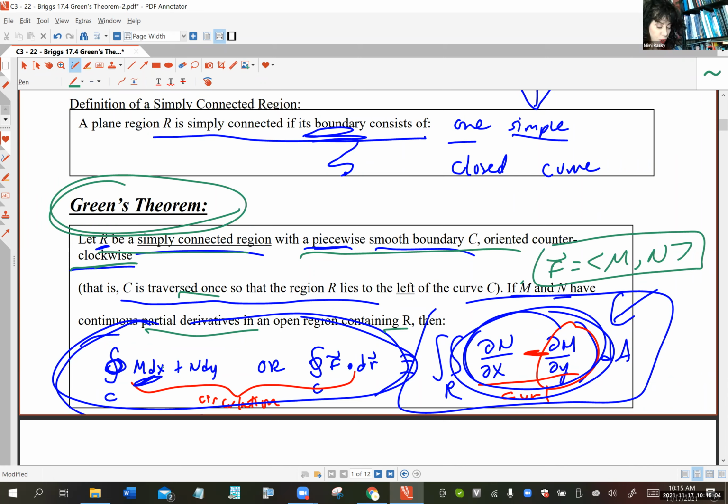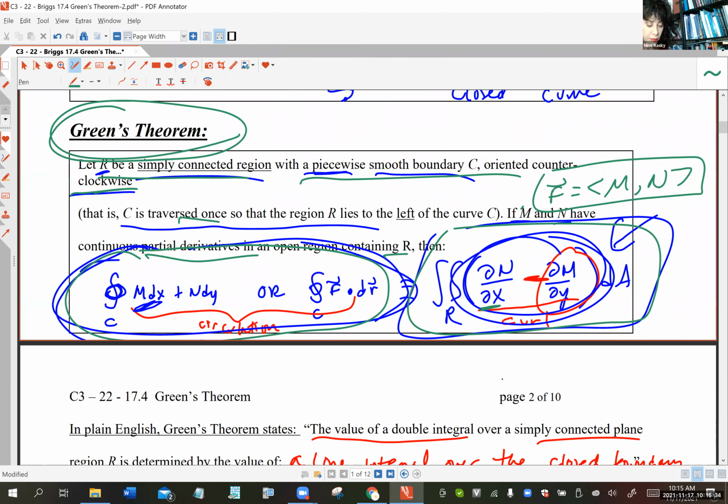If you're trying to evaluate either a type 2 or a type 3 line integral, which are both vector field line integrals, because they're really the same, you don't have to. If it's a closed curve and all the criteria are met, then you simply evaluate a double integral instead, where the integrand is dN/dx minus dM/dy.